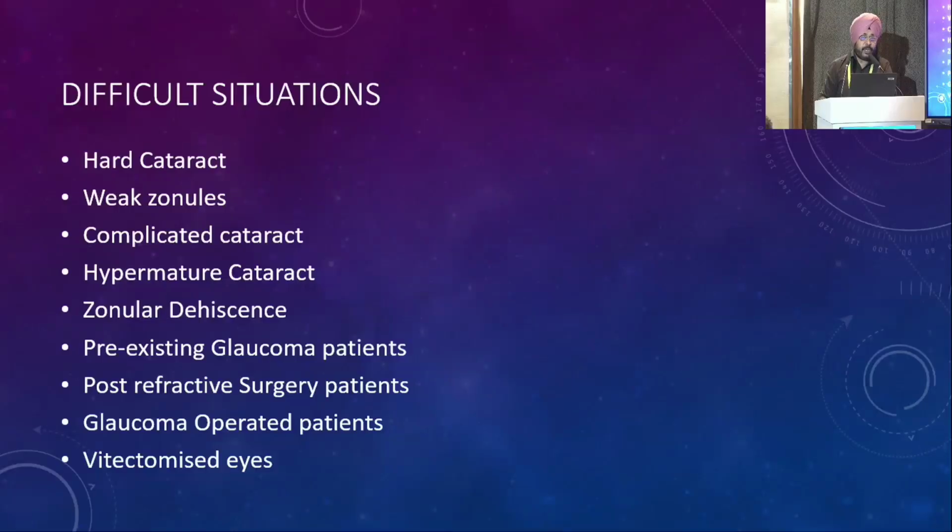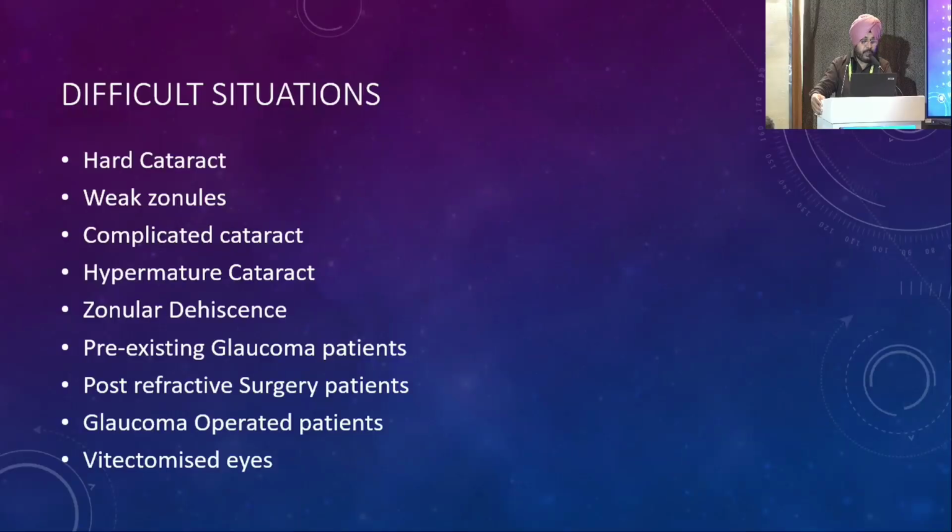In hypermature cataract, as our previous speaker highlighted, capsular access is very difficult, so in those cases also manual small incision cataract surgery or phacoemulsification is a little bit difficult.